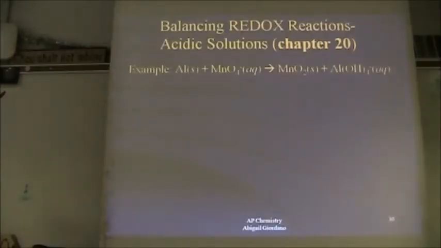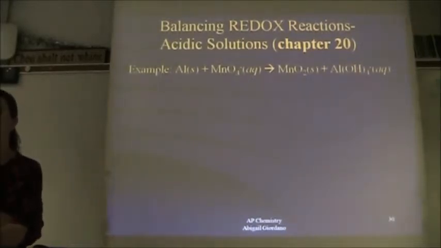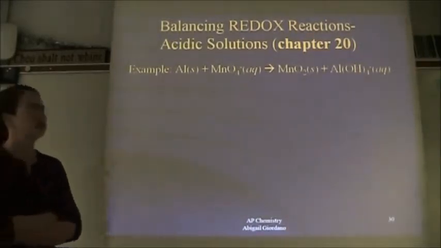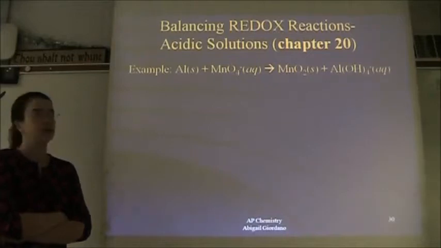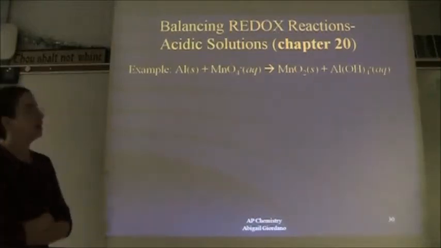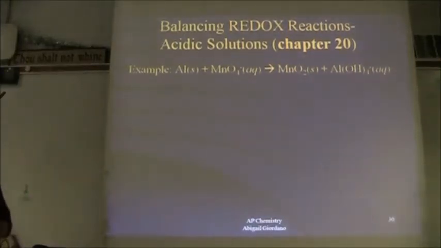So, we're balancing redox. And I know what some of you might be thinking. Why does this get its own special attention? I mean, balancing, this is like Chem 1. Can't you just look from left to right and balance it? Well, no, you can't. Okay? For example, I want you to look at that equation right there. Do you see something?